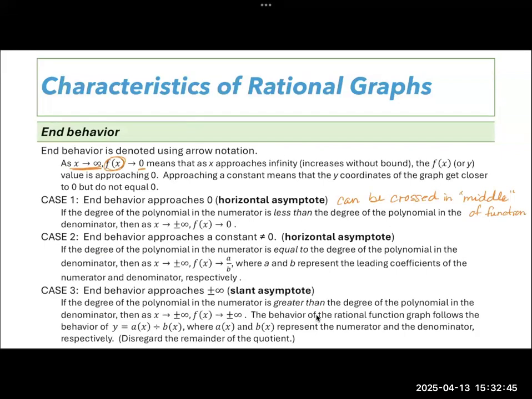Okay. And there's really three different cases that can happen depending on the degree of the polynomial in the numerator and the polynomial in the denominator.